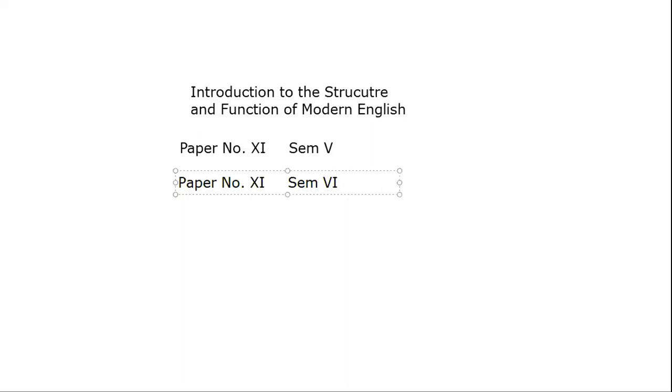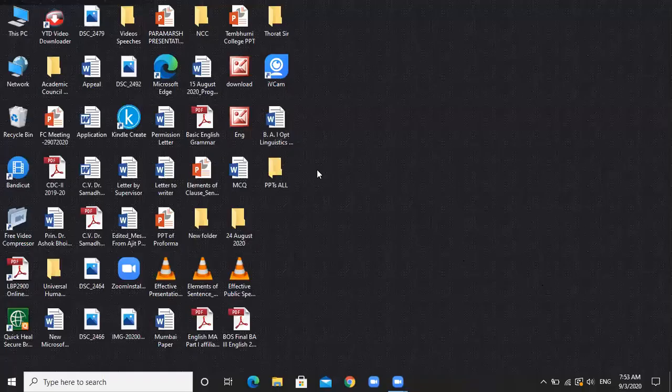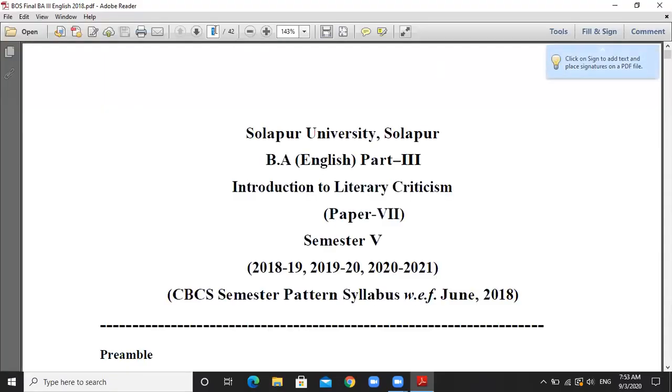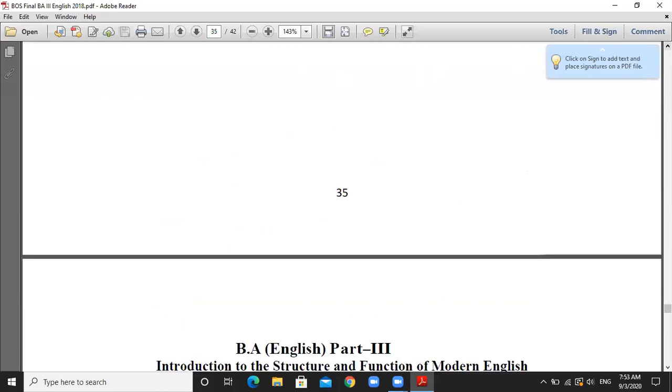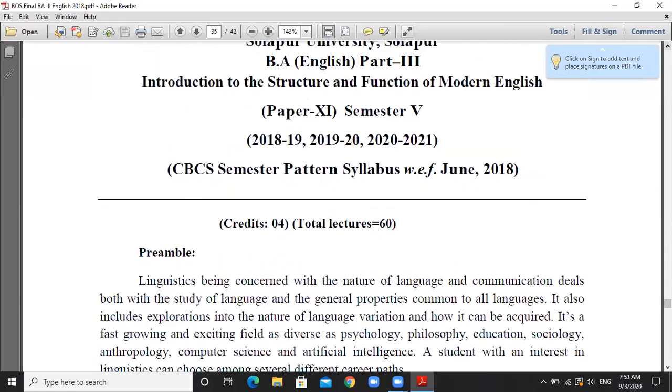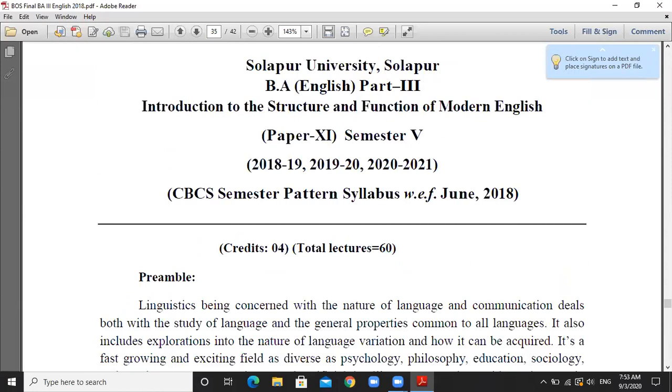Then we will go to the syllabus. Let me share the syllabus of this paper. As yours is the last batch. So this is the paper that we are going to study, right? Introduction to the Structure and Function of Modern English, paper number 11, semester 5.